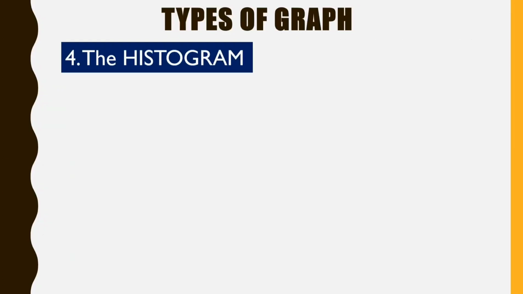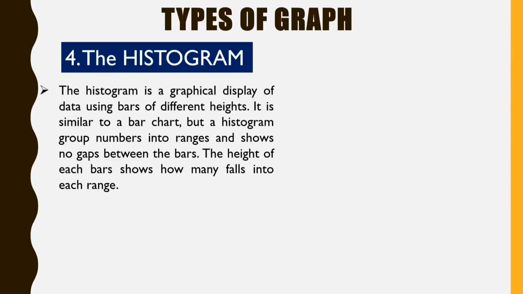The fourth type of graph is the histogram. The histogram is a graphical display of data using bars of different heights. It is similar to a bar chart, but a histogram groups numbers into ranges and shows no gaps between the bars.